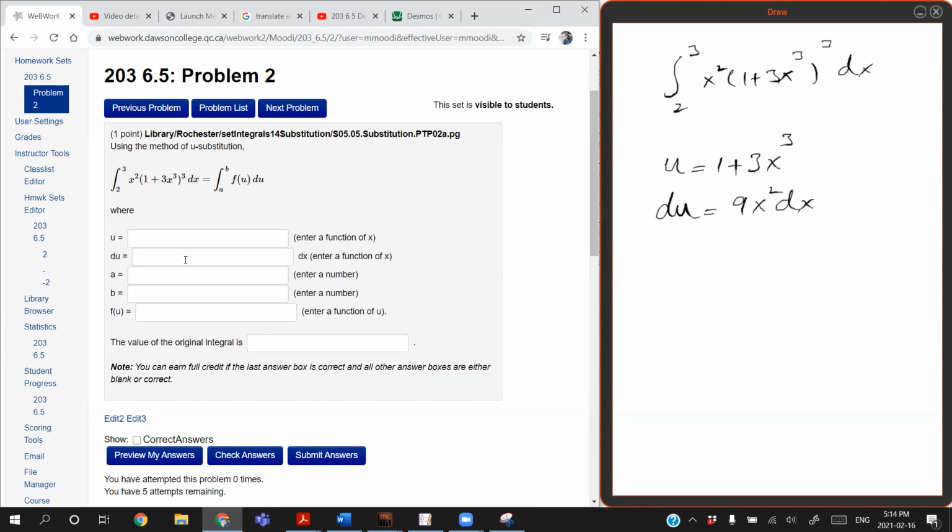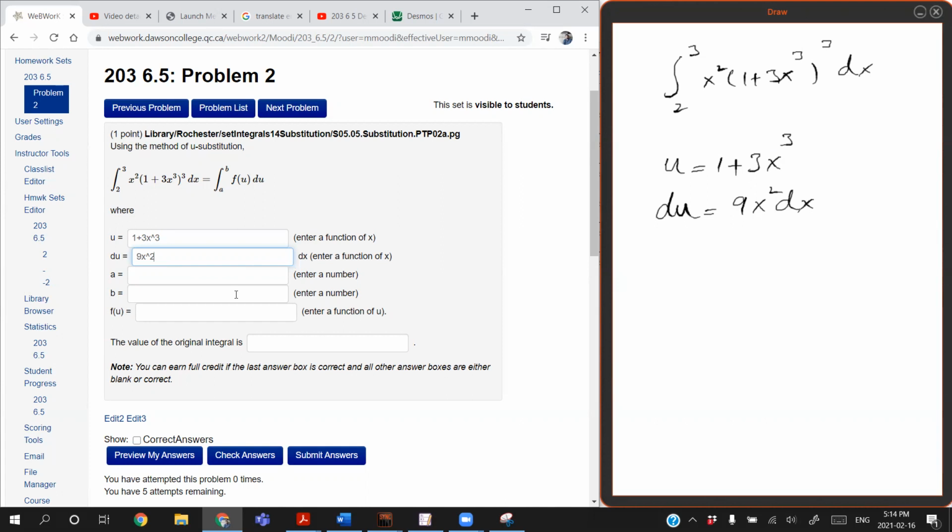So I can answer this part now. u in terms of x is 1 plus 3x cubed. du is 9x squared dx. The dx is already there, so I don't need to put it again.